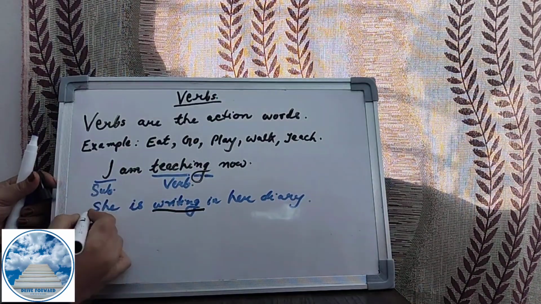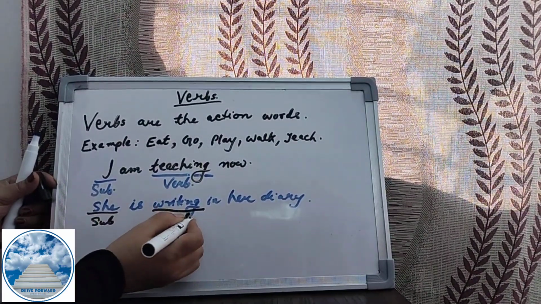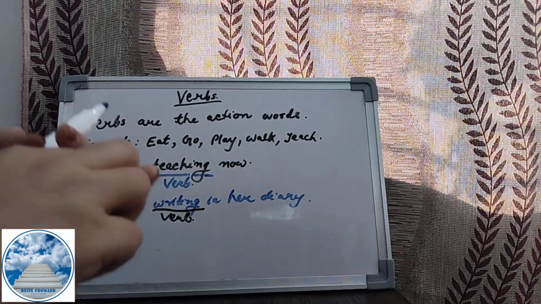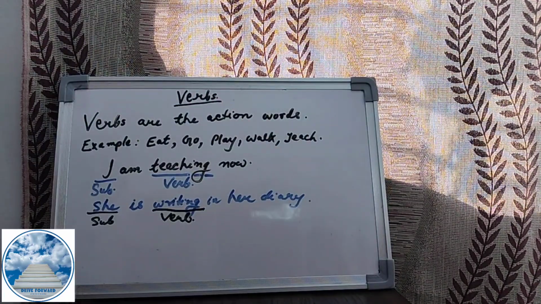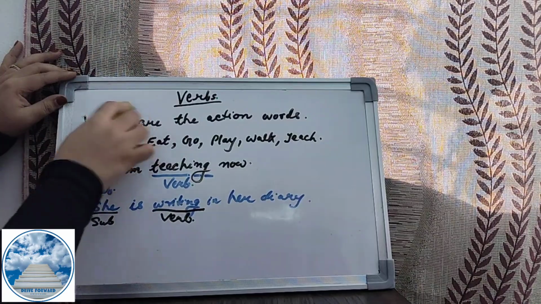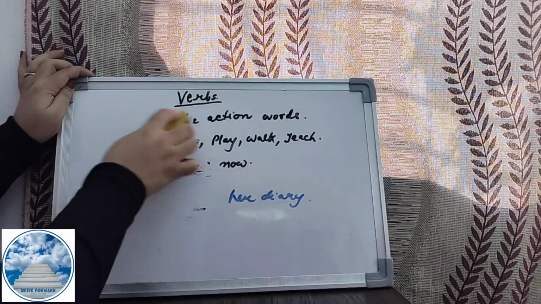So she is the subject and writing is the verb. Okay, friends. Whatever action the subject performs, that is the verb. So I think you understood what verbs are, and friends, the verb plays a very important role while constructing sentences.